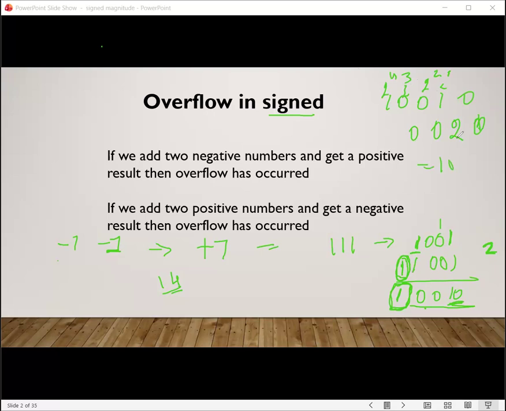So even this comes out as a wrong value. So when the answer comes as a wrong value, then overflow has occurred.